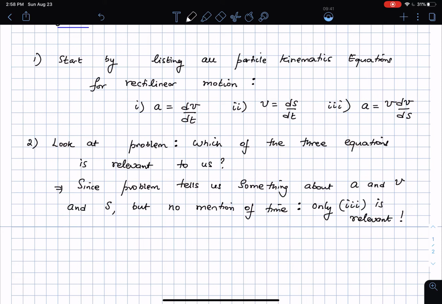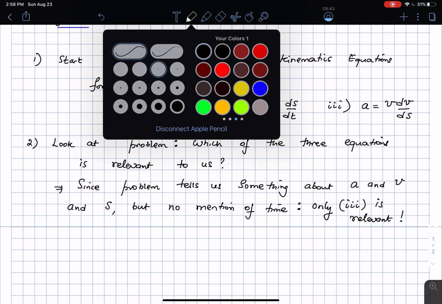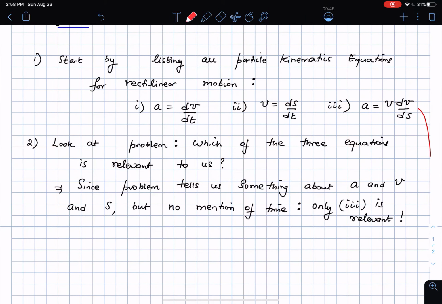And I mean equation 3 right down there. I'm just going to put an arrow and say, this is the equation that I'm actually interested in.